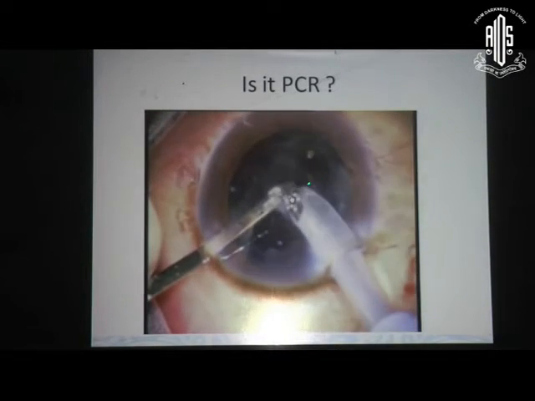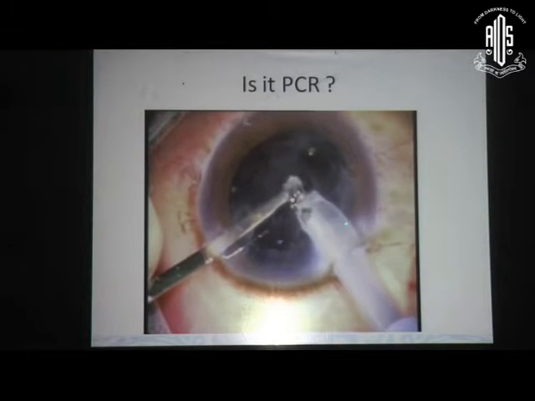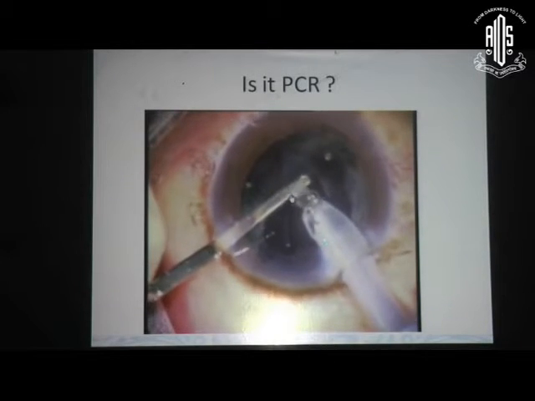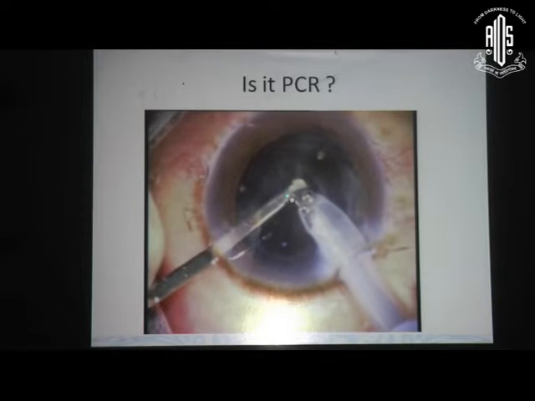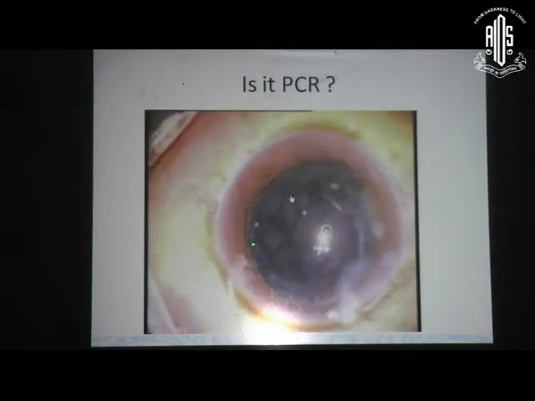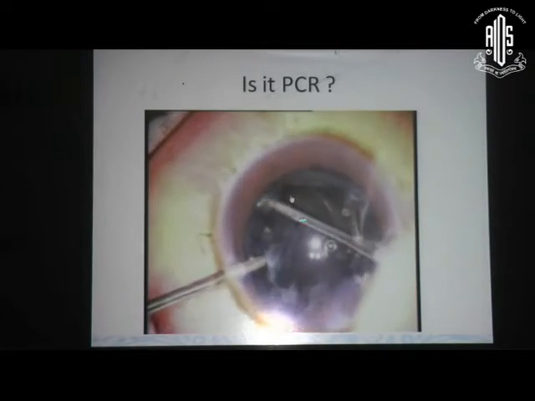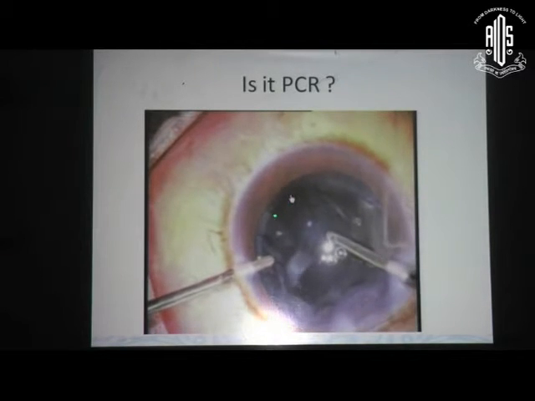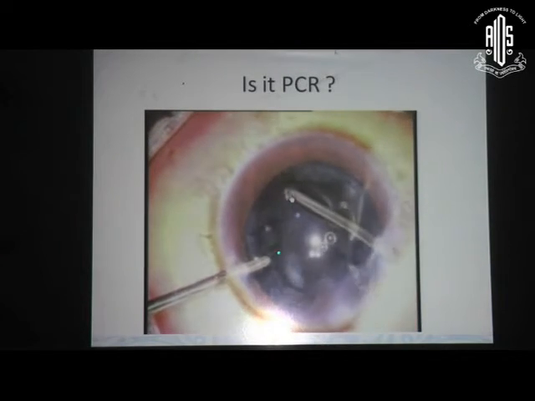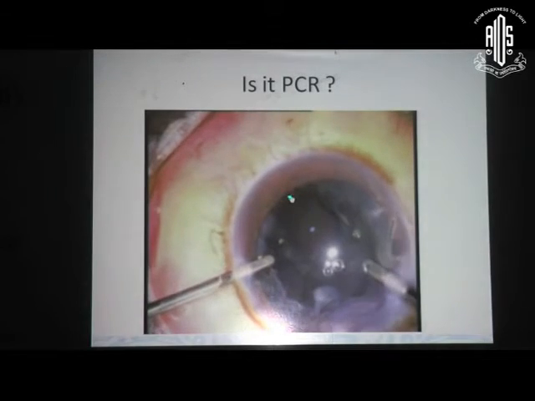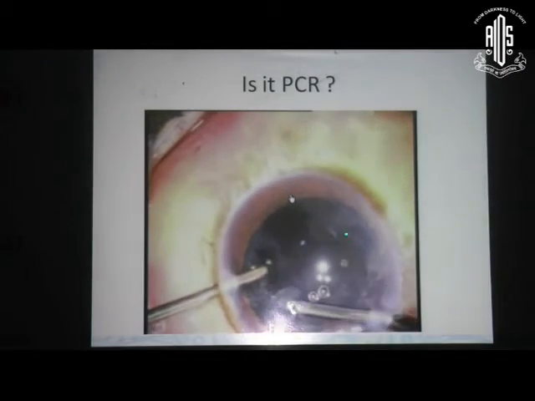We went ahead with the phacoemulsification because we were quite sure that it is definitely not a PCR, and this will get confirmed in a short time. You can still see the same thing, and as I am removing this epinucleus, you will see that there is no PCR, it was only the fold of the epinucleus.